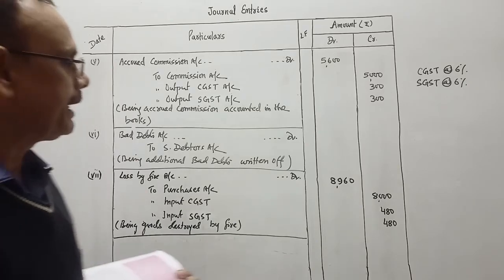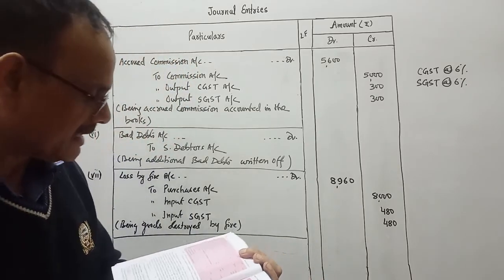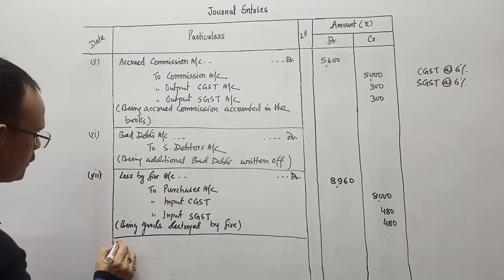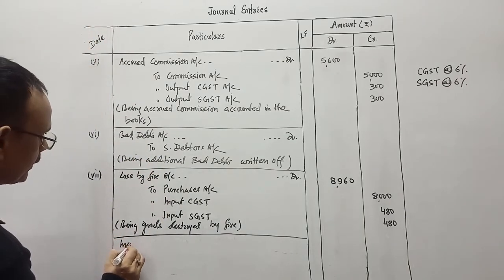And one more entry, as the insurance company has admitted the claim only up to 5,000. So insurance claim account debit.